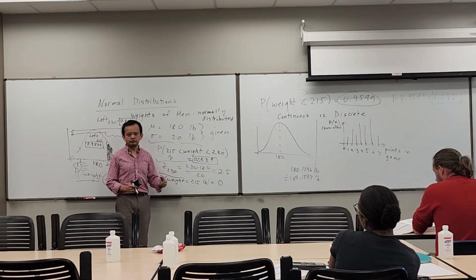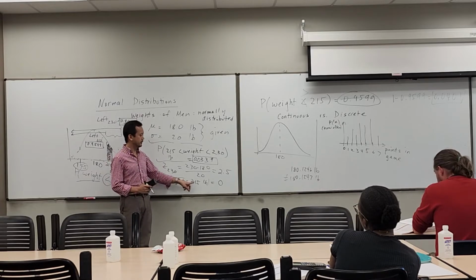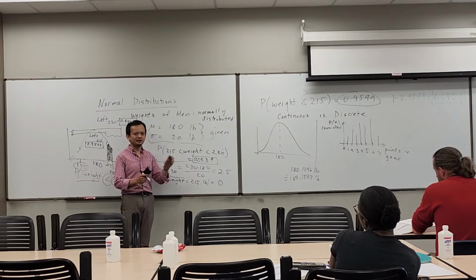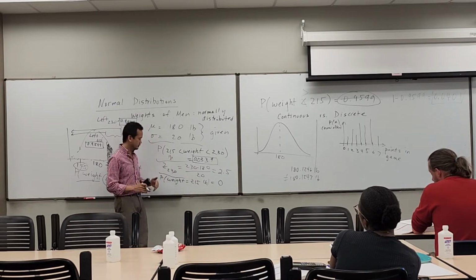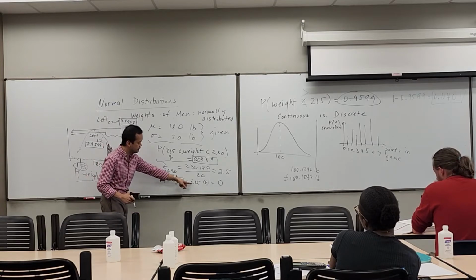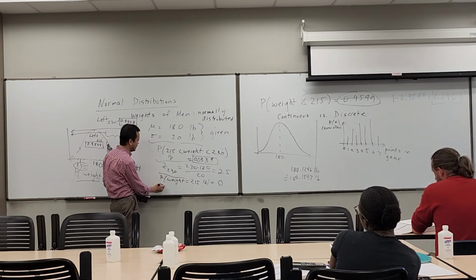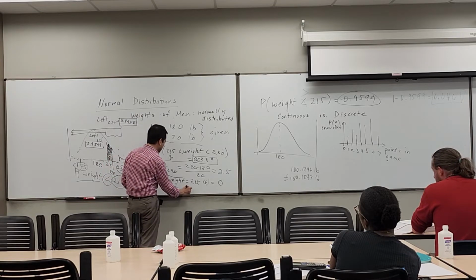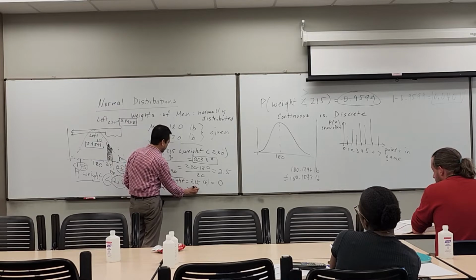And in real life, when we ask what's the probability that somebody weighs exactly 215, we don't really mean exactly 215. We mean somewhere between a very concentrated region. So in real life, when we say that somebody weighs 215, we're probably, based on how we round numbers, meaning 214.5 to 215.5.